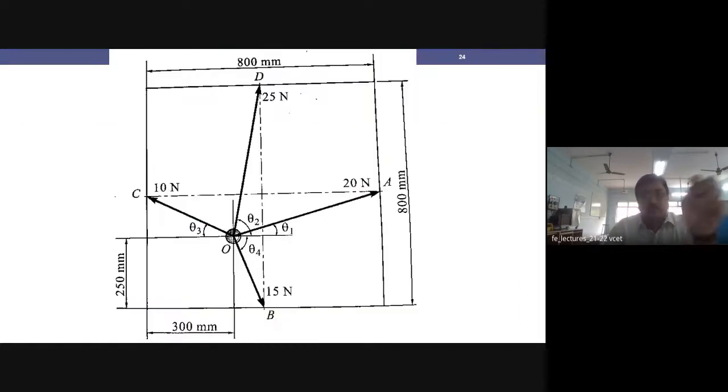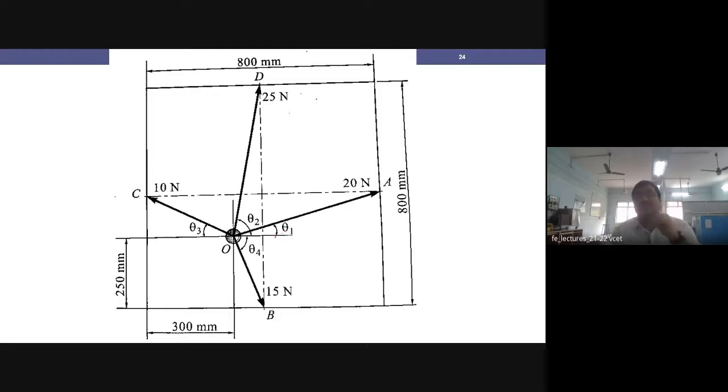What makes this question different is that the angles are not given beforehand. I am given the lengths, and I am given the different forces. I am given the string tension for each, and I know the location. I marked the location. Now the angles, I have to find out.